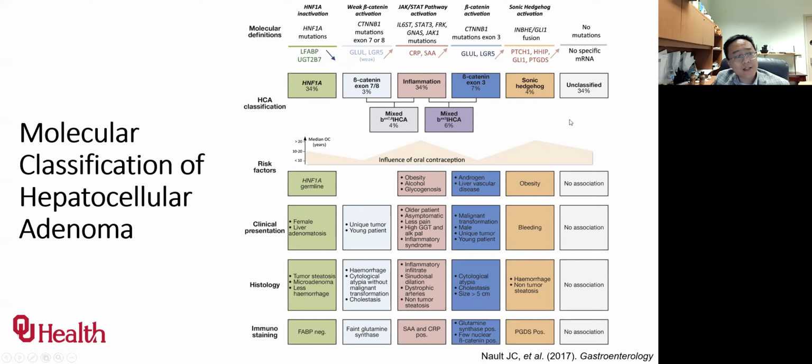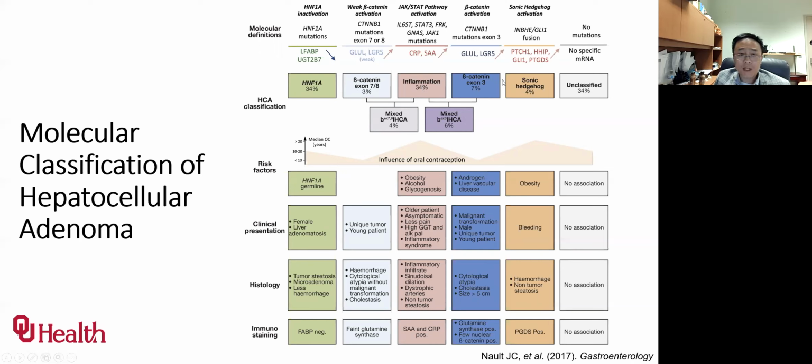However, this classification system also identified some additional groups, including beta-catenin exon 7, 8 mutated hepatocellular adenoma, and sonic hedgehog activated hepatocellular adenoma. It also demonstrated that some of the inflammatory hepatocellular adenomas also have beta-catenin mutations, such as exon 7, 8 mutation or exon 3 mutations.